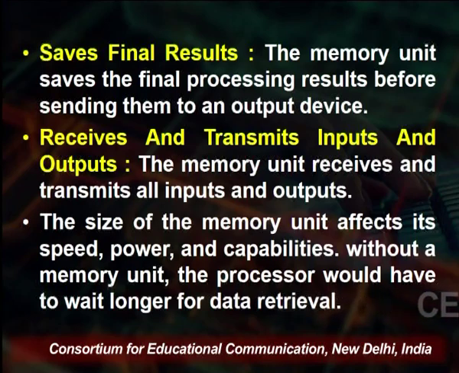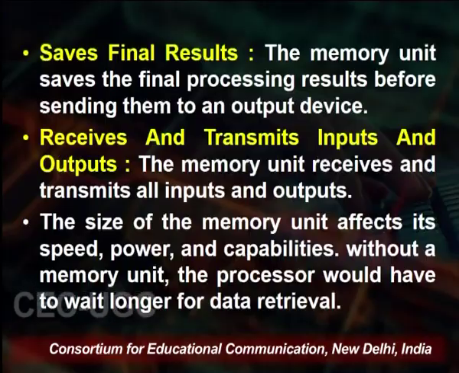The size of the memory unit affects its speed. For example, if we have a memory unit of 64 kilobytes, as we discussed, then we calculate the locations of the memory cells. Similarly, the unit size also affects the speed, power, capabilities, and capacity to store data.